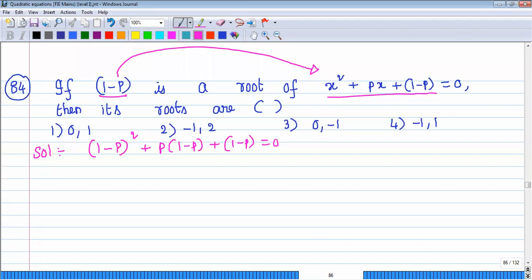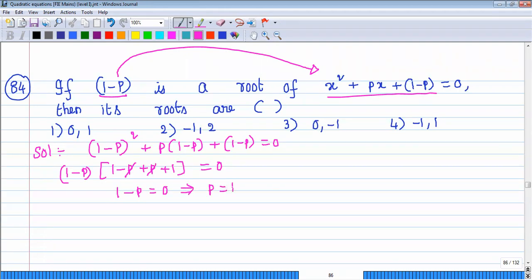If you observe the terms on the left hand side, each term has 1 minus p as one of its factors, so we can take 1 minus p common. We get 1 minus p plus p plus 1 equals 0. The p cancels out and this is nothing but a constant, so 1 minus p becomes 0.